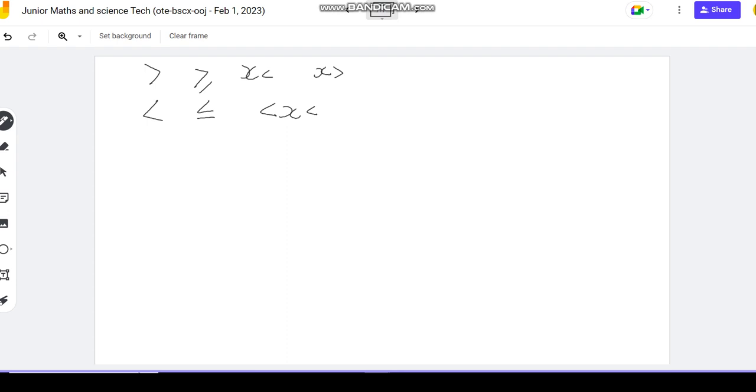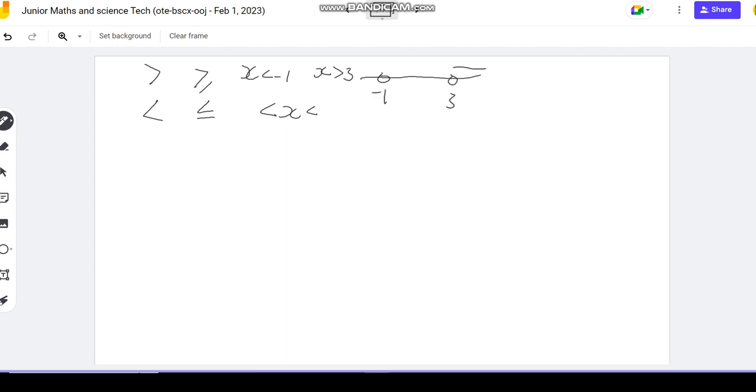So now, because this does not involve an equal sign, on a number line it will just be something like this. Let's say this is a 3 and then this is a minus 1. So it means you'll have minus 1 here and then a 3 here.